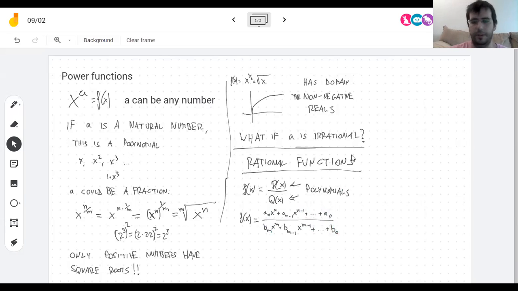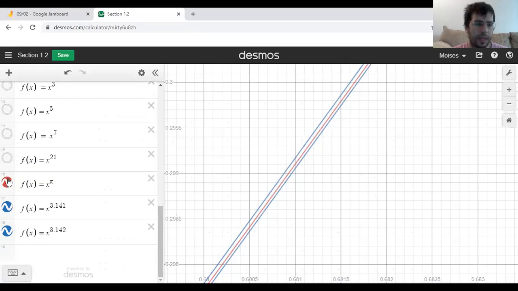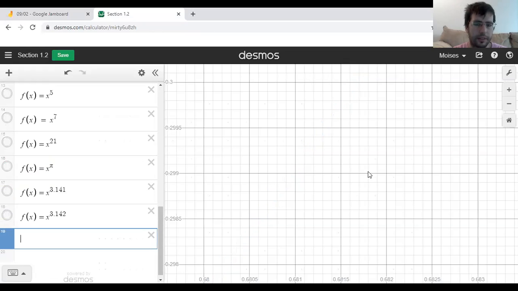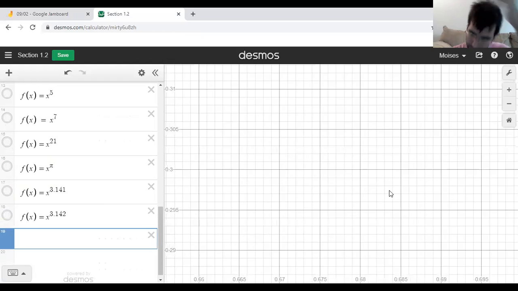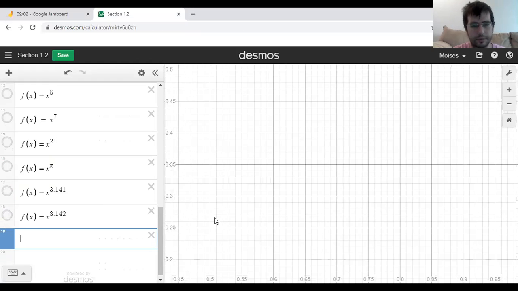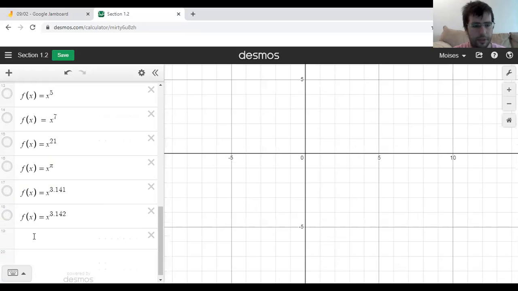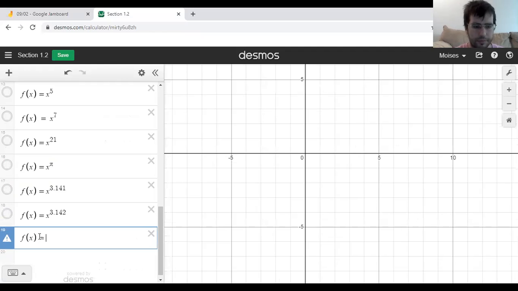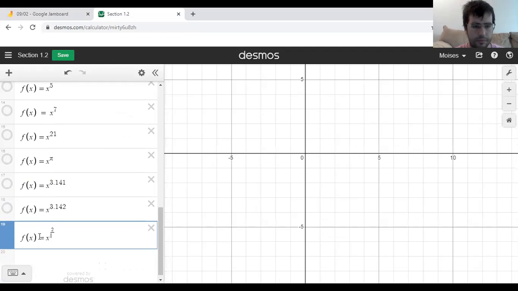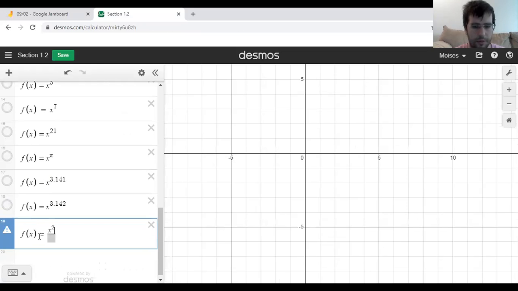And at some point in your life, you'll learn that if you add 2 rational functions, for example, you get a rational function because you know how to add fractions. I don't know what to tell you about what these look like, because they look in a bunch of different ways. Something like this.